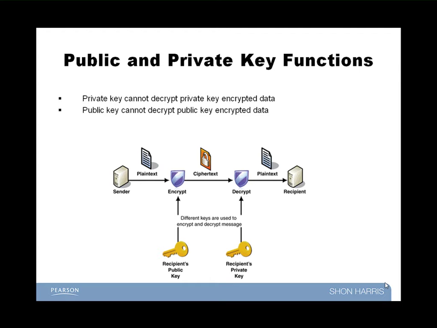So if I have a private key and you have my public key, if I encrypt something with my private key, you could decrypt it with my public key. Now it has to be my public key. It can't be anybody else's, because the private and public key are generated at the same time and they're mathematically related. That's how the decryption and encryption happens back and forth.